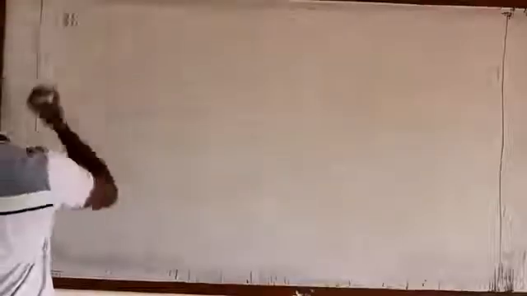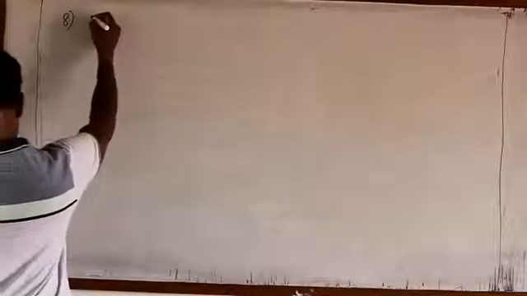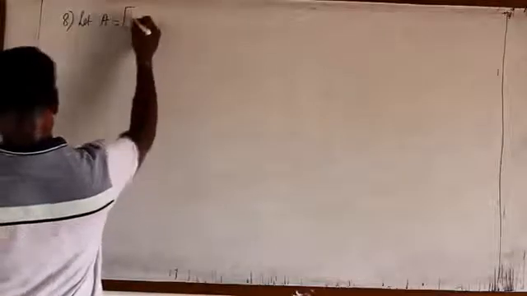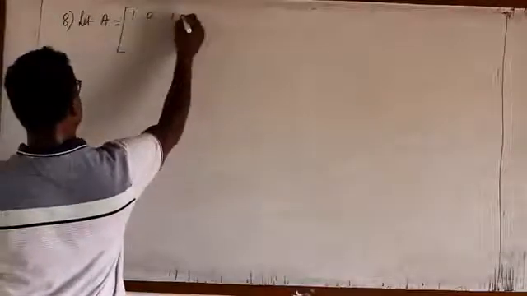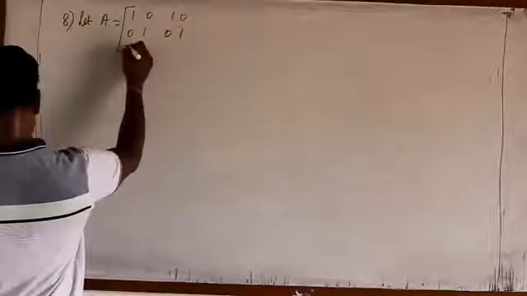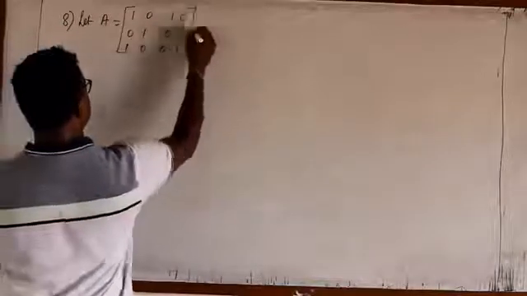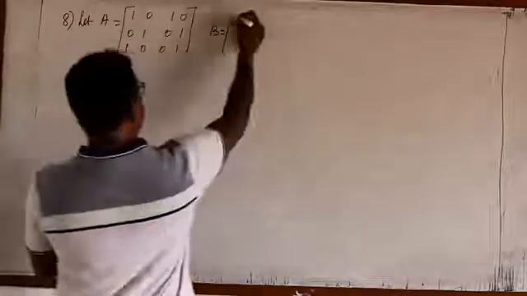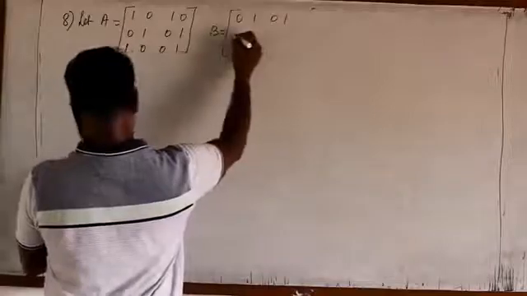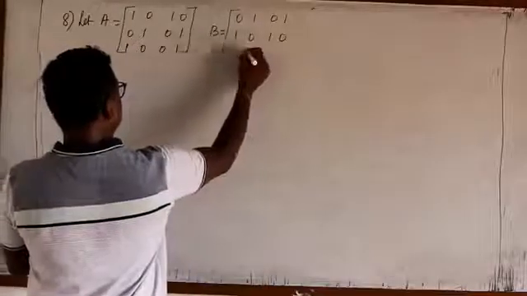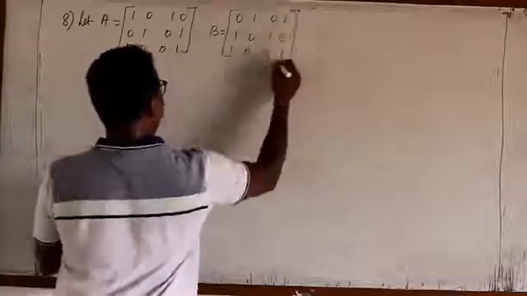Now we shall go to the 8th problem. Let A equal 1 0 1 0 0 1 0 1 1 0 0 1. This is the A matrix. The B matrix is 0 1 0 1 1 0 1 0 1 0 0 1.